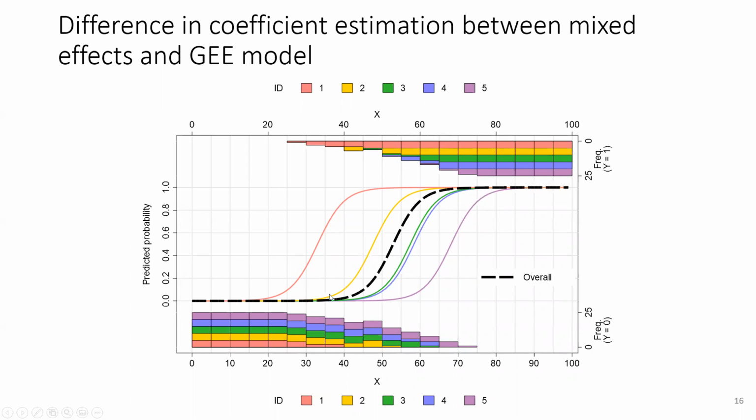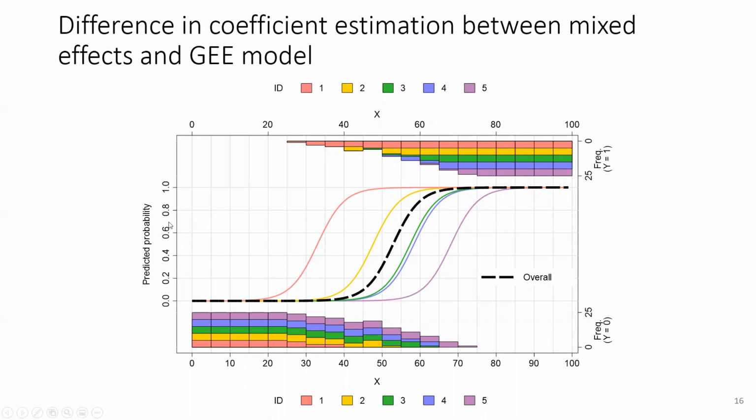The same thing holds for clusters 2, 3, 4, and 5. And what we get as the mean component is the overall, or I should say average, effect of X on the probability of having Y equal to 1.